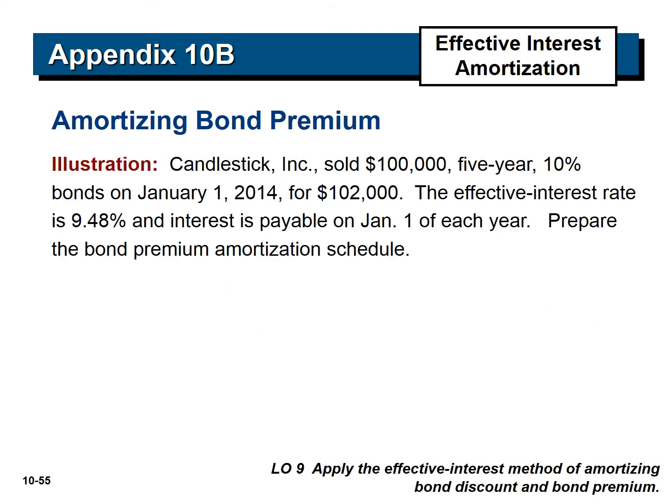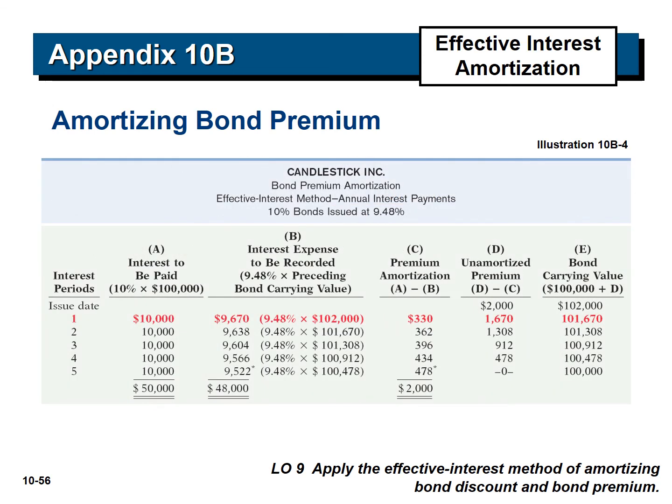Let's do the same thing for the 102,000 for the premium example. The amortization schedule is done the same way. We take the beginning carrying amount of 102, multiply it by the effective rate, which is given at 9.48. That's going to give you your interest.